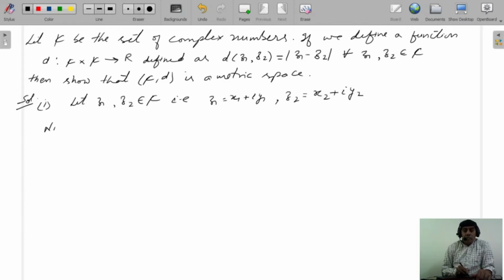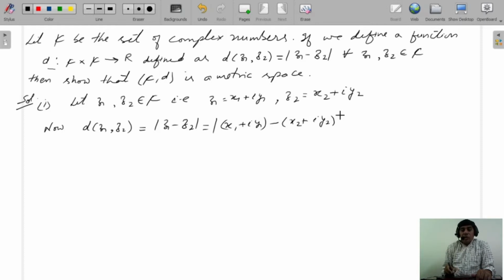Now, d(z1, z2) is equal to modulus of z1 minus z2 by the given definition of d, which is equal to modulus of (x1 plus iota y1) minus (x2 plus iota y2).